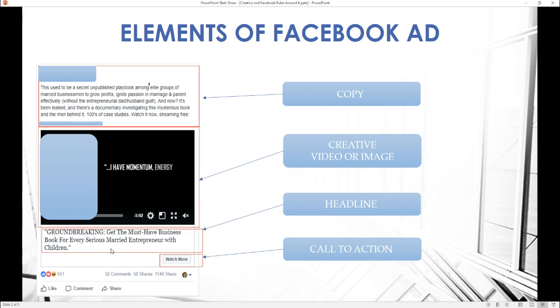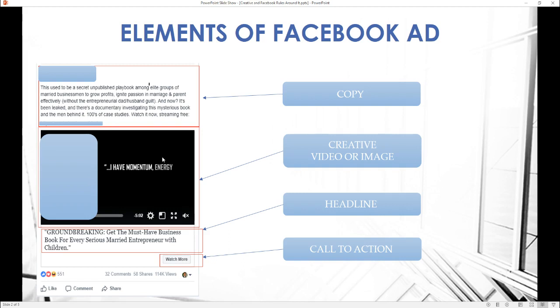It's the most striking thing because people notice the visuals first, so they will notice either a video or an image. They're going to notice the headline, and then they're going to think, okay, this is interesting, this relates to me, I'm going to start reading.